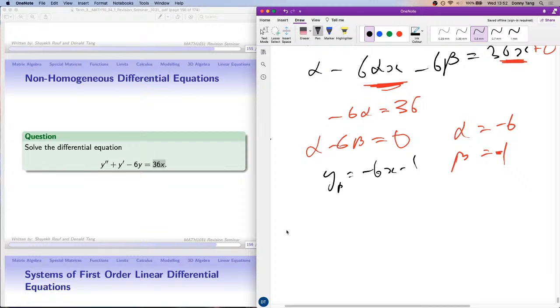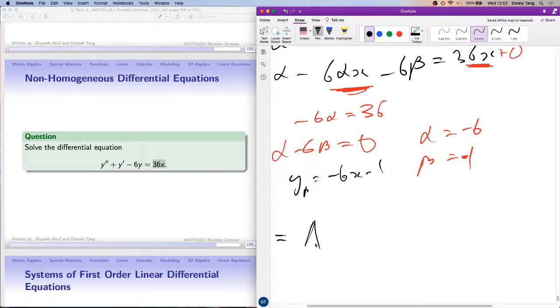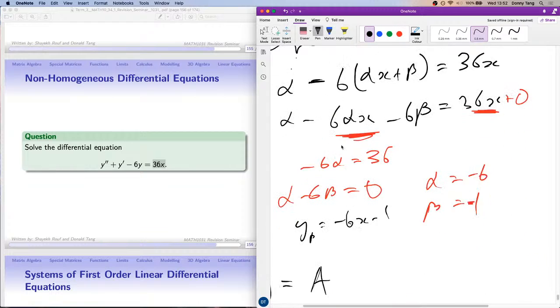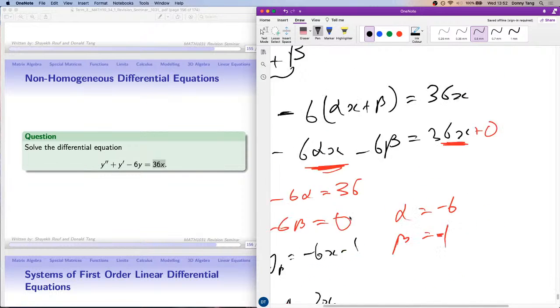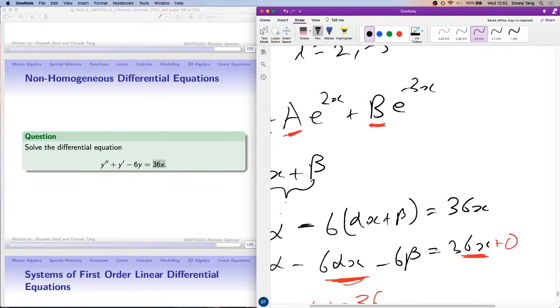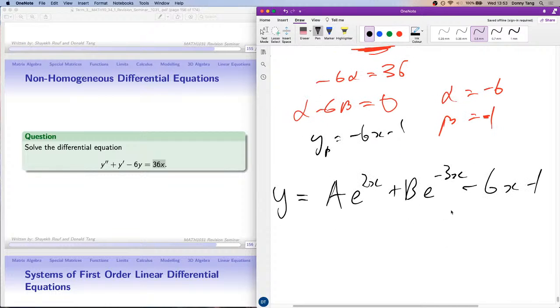Therefore, you write the final solution as a e to the power of 2x plus b e to the power of negative 3x and then minus 6x minus 1. And that's going to be your final solution. If you have initial conditions, this is the time to sub them in. All right? And yeah, that's pretty much it for this question.